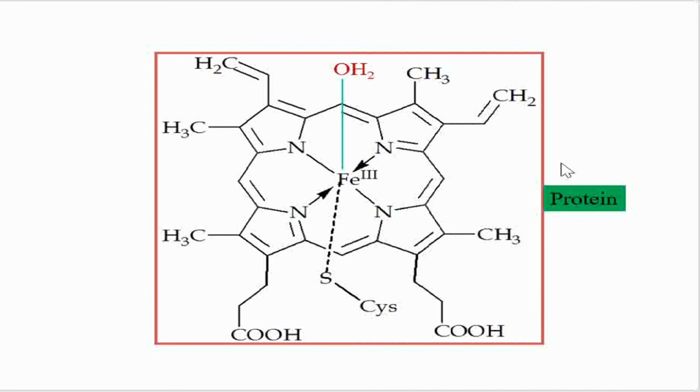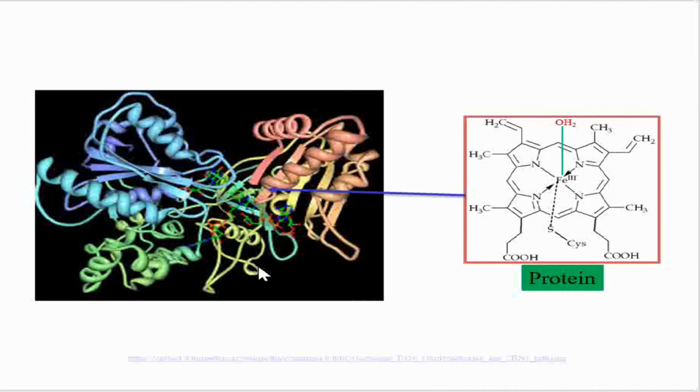And this red colored structure, this square, is the protein molecule. So this is surrounded by protein, so that it is altogether called heme protein, and it is cytochrome P450.